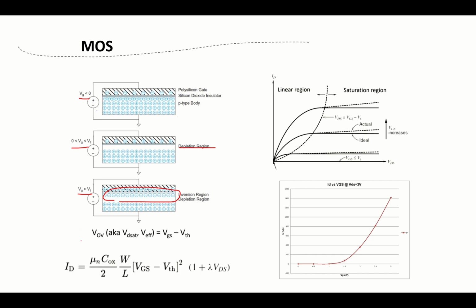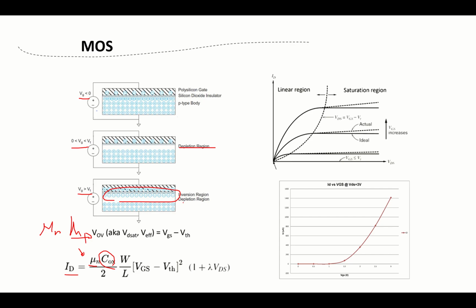So the current equation for the MOSFET will be ID equals mobility, which is for electrons. We have two mobilities, for the NMOS and the PMOS. The NMOS mobility is for electrons, which is faster than the PMOS, which is for holes. Then C oxide.